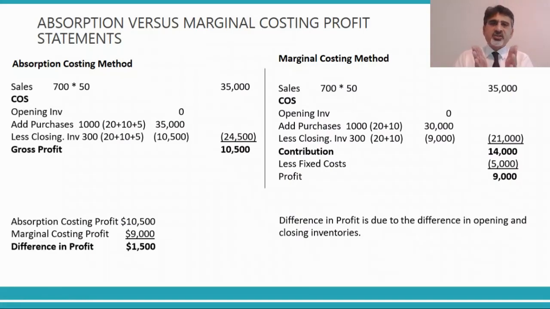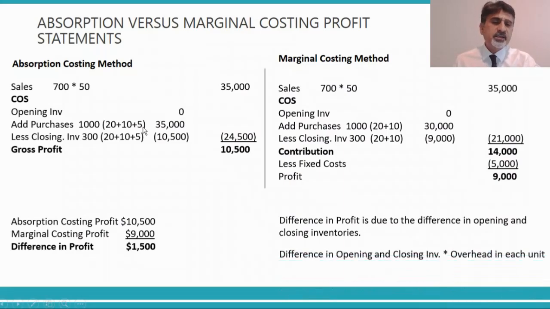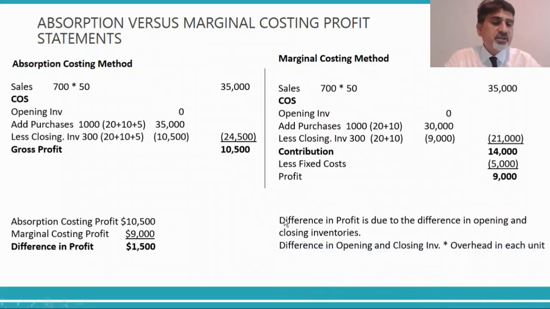So it means that 300 units were in our closing inventory. And in each unit, our fixed overhead was $5. So 300 multiplied by $5, 1500. This is the difference, 1500.